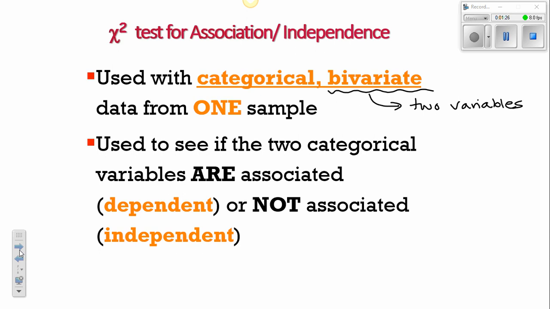So either variables are going to be dependent on one another or they're going to be independent of one another. That's why we call this the chi-square test for association / independence, because you can phrase the null and the alternative hypotheses either in terms of association or in terms of independence or not. We're going to see some examples of that on the next slide.